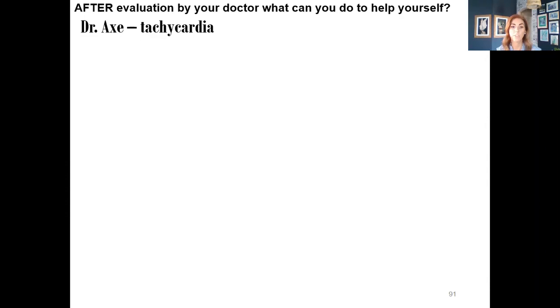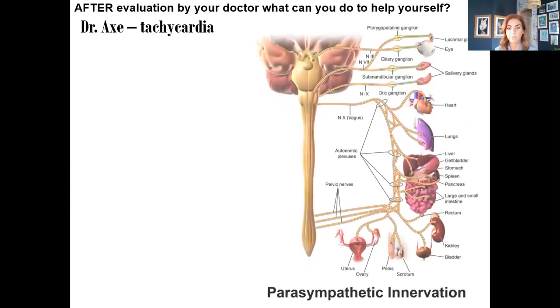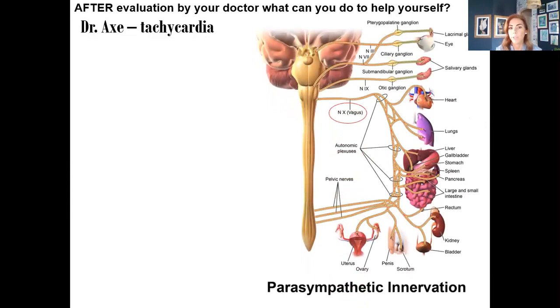A vagal maneuver. Vagal sounds very closely related to a word that you learned last semester. Vagal sounds like Vegas. So vagus, if you remember, is cranial nerve number 10. Let me refresh your memory. Cranial nerve number 10, the vagus nerve, is unique because it is the only one that extends down into the thoracic and abdominopelvic cavities.